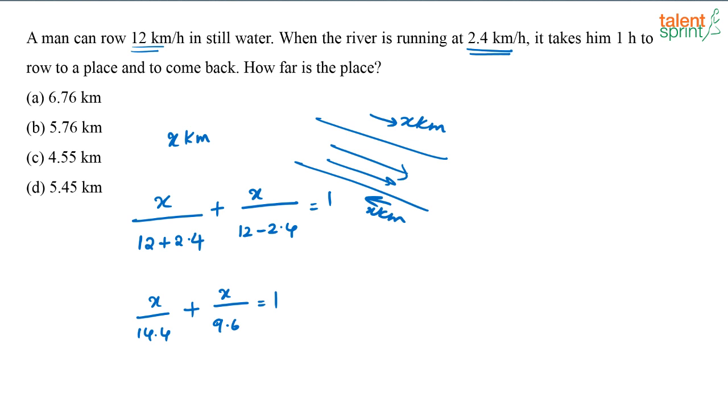Yes, Sony has given the answer as option B, 5.7. Yes, 5.76 is the correct answer. When you solve, you will get the value of x as 5.76. Okay. So everybody got 5.76 as the answer?